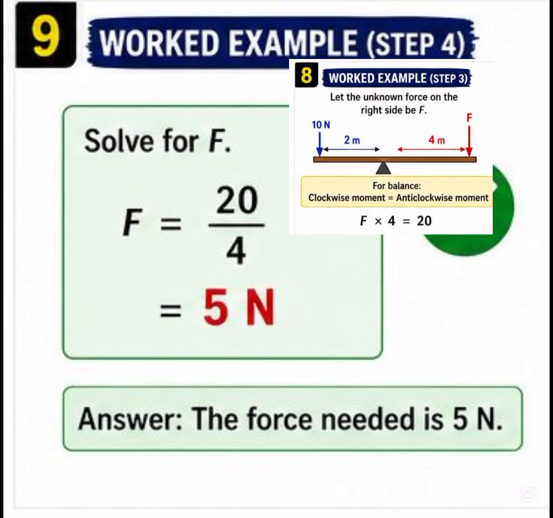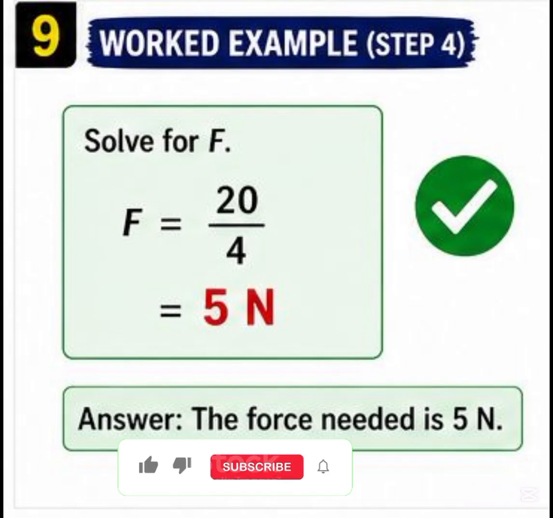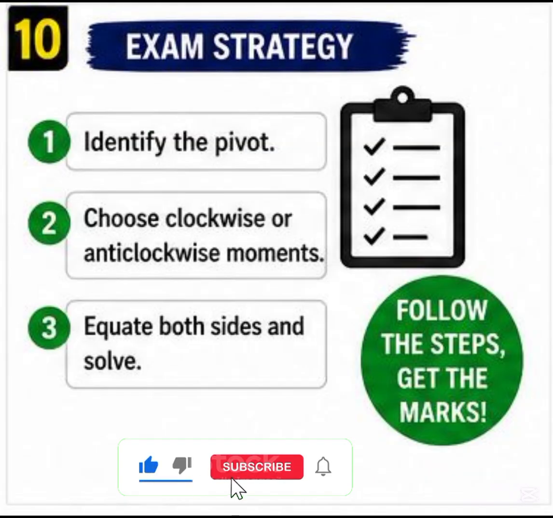So in an exam scenario, the strategy that you should apply is to first find the pivot, then from the forces given, choose which one will go in the clockwise direction and which one will go in the anti-clockwise direction. Then after you have identified that, equate the two to solve for distance or force depending on the question.